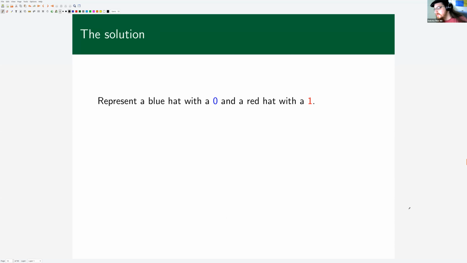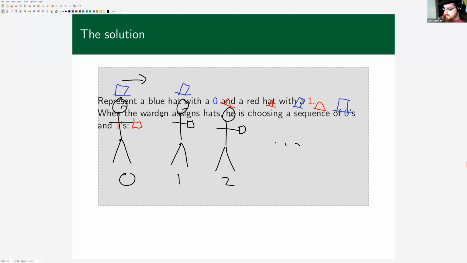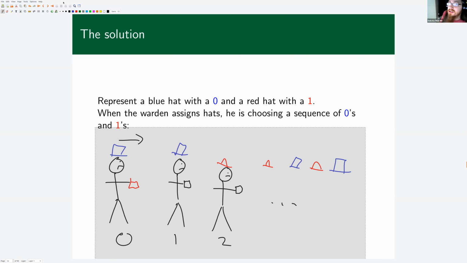So symbols are easier to deal with than colors. So let's just call a blue hat a 0 and a red hat a 1. Okay. And when the warden assigns a sequence of hats to everyone, he's choosing a sequence of 0s and 1s. Right. So pull up this picture we had.